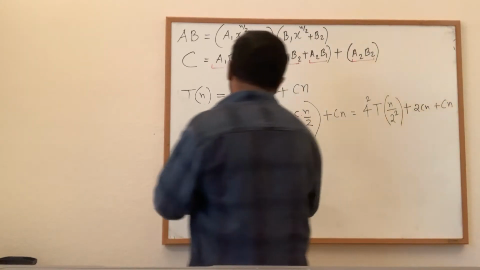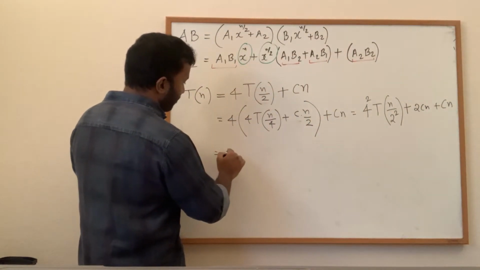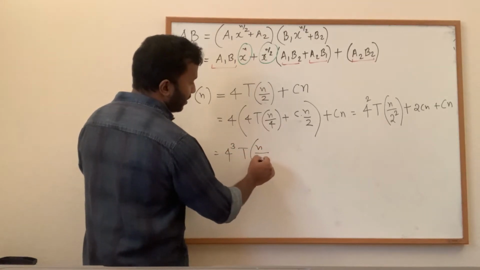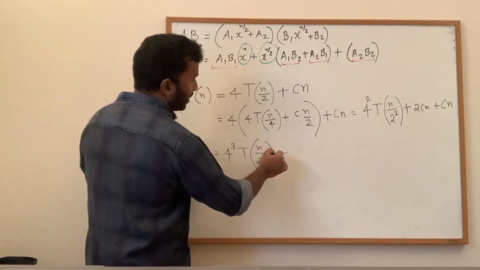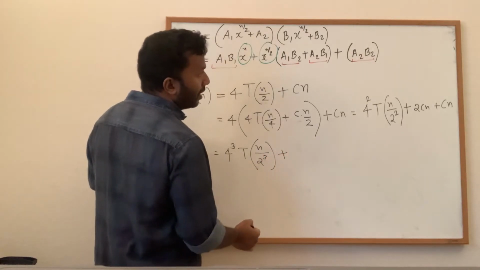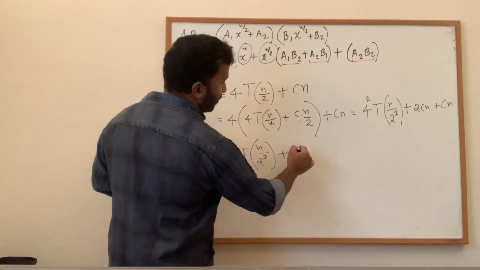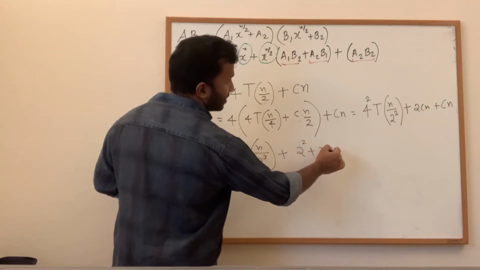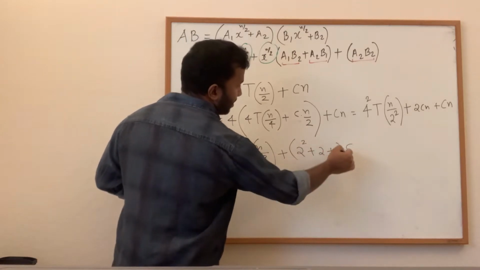And if you expand this again, what you're going to see is 4 cube T of n divided by 2 cube, plus 2 square plus 2 plus 1 times cn.